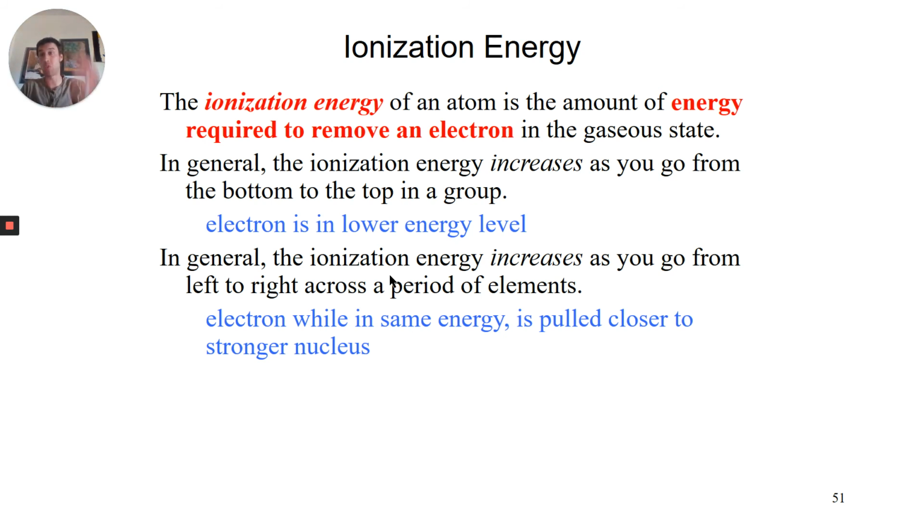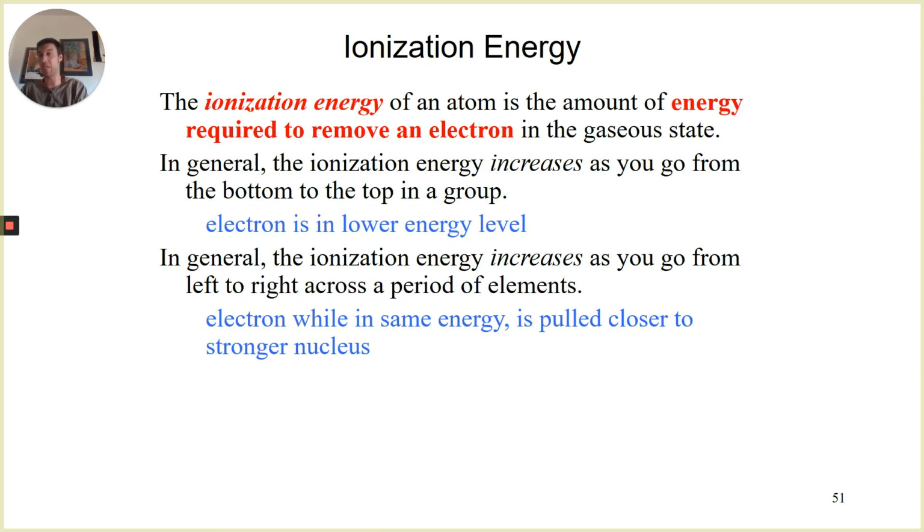There are trends associated with this. As you might imagine, these trends are similar to our atomic radius. Radius is where those electrons were located. If ionization is talking about the removal of electrons, think back to our depiction of our orbits, our energy levels. These moved up in energy, right?